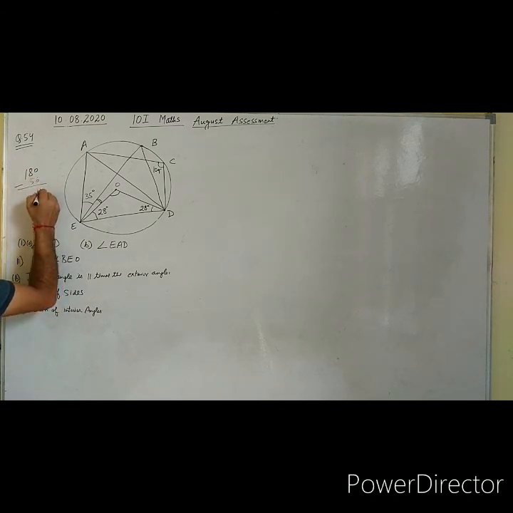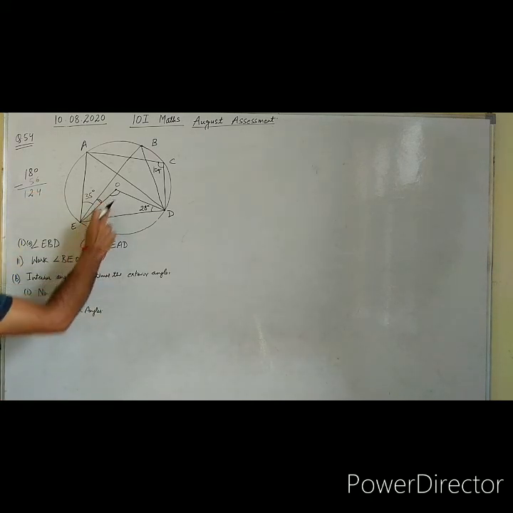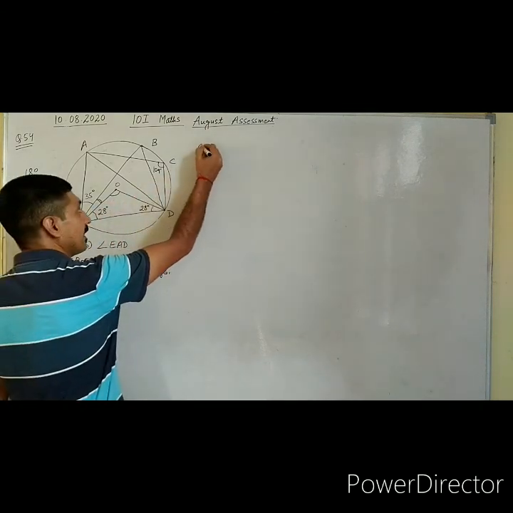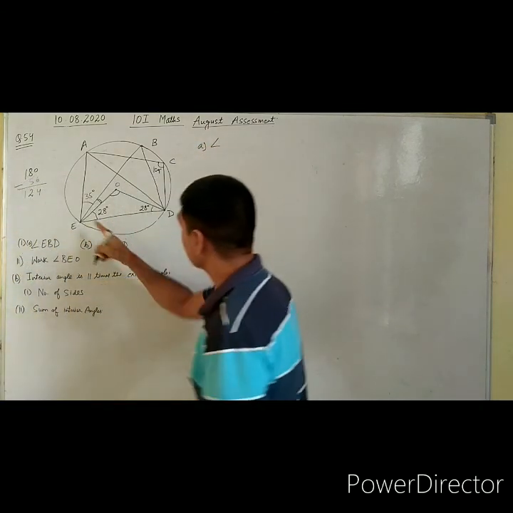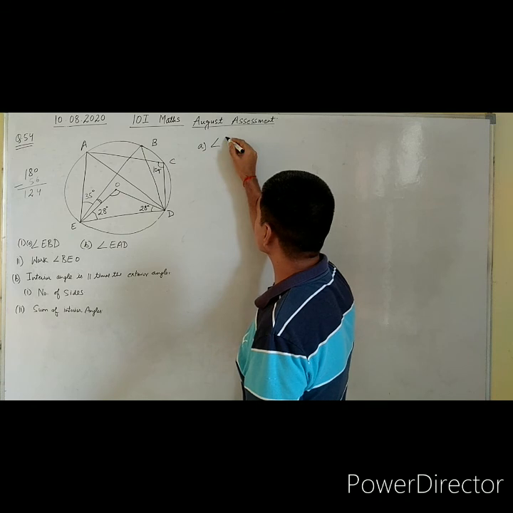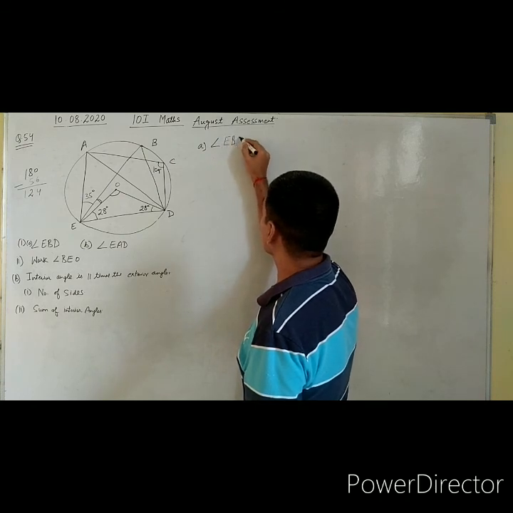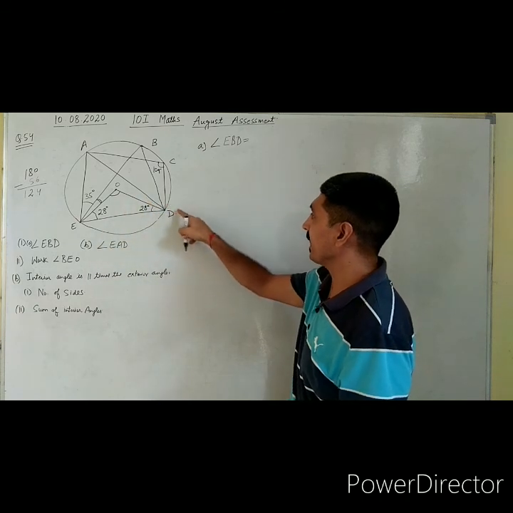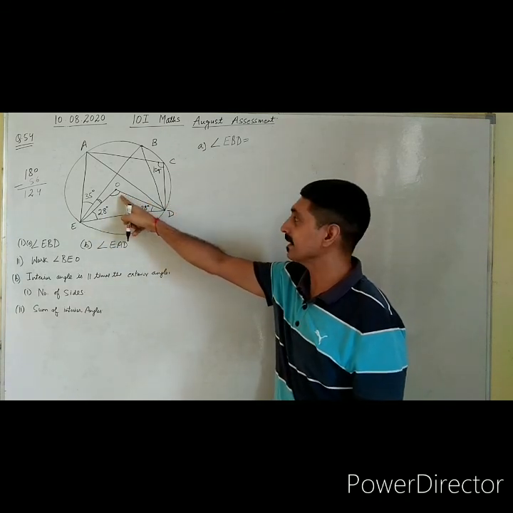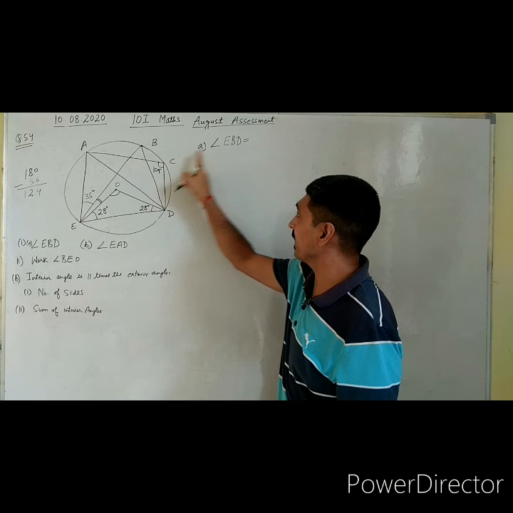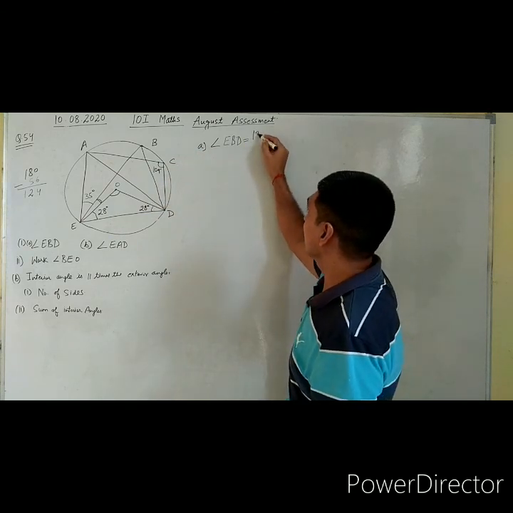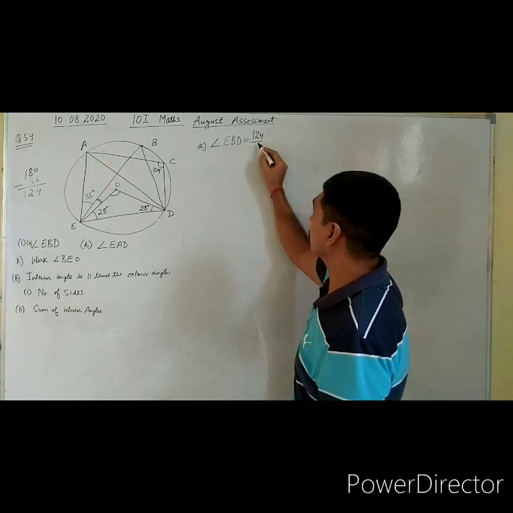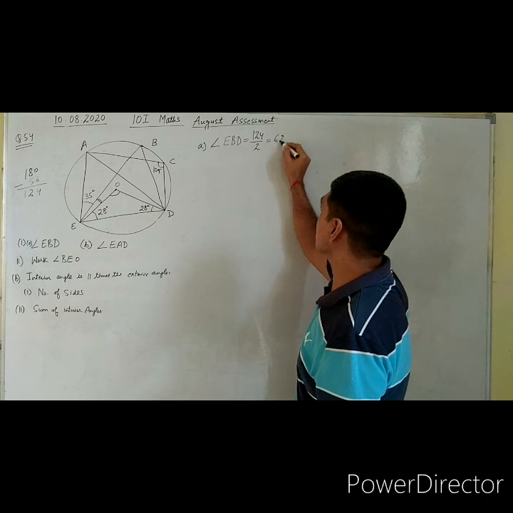So we have 124. Now angle EBD is half of angle EOD. The angle subtended at the center is always twice the angle at the circumference. So this is half of 124, that is 62 degrees.